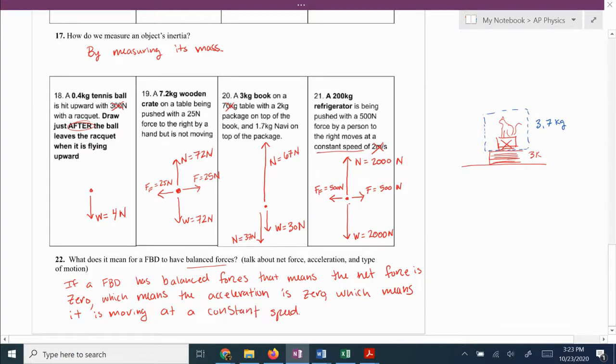If a free body diagram has balanced forces, that means the net force is zero, which means the acceleration is zero, which means it is moving at a constant speed. And that constant speed could be 0 meters per second, meaning it could be at rest. So it means your acceleration is zero. You're not changing your speed.